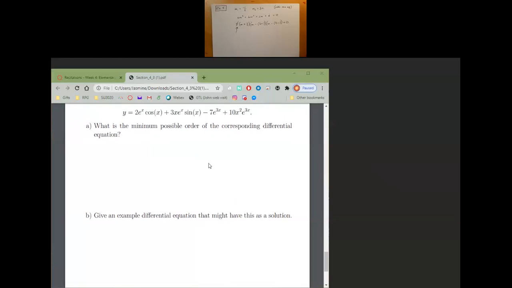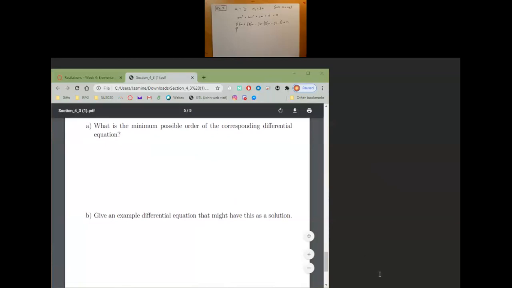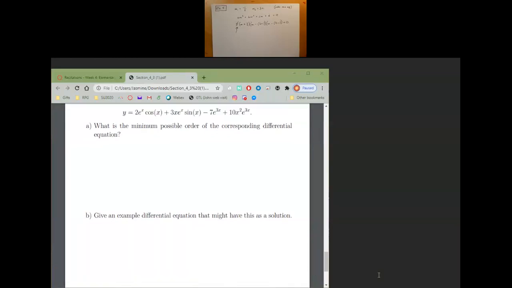Can you write that down in the comment? I don't think I can type it easily enough on the document. Anyway, in the chat, let's see. We would have m minus parentheses 1 plus or minus i.